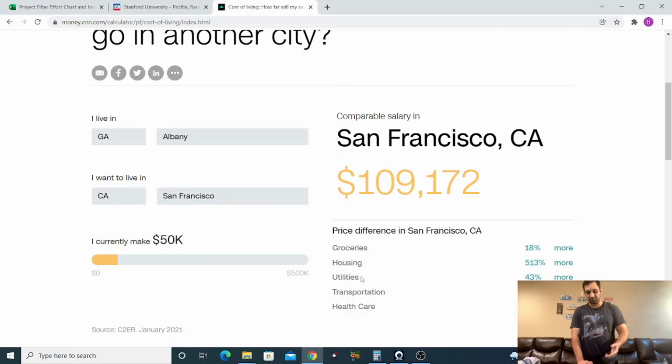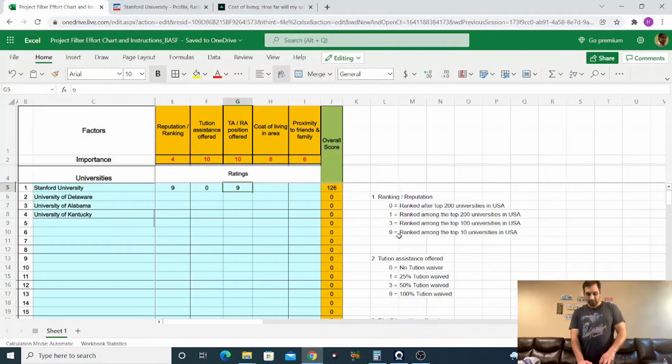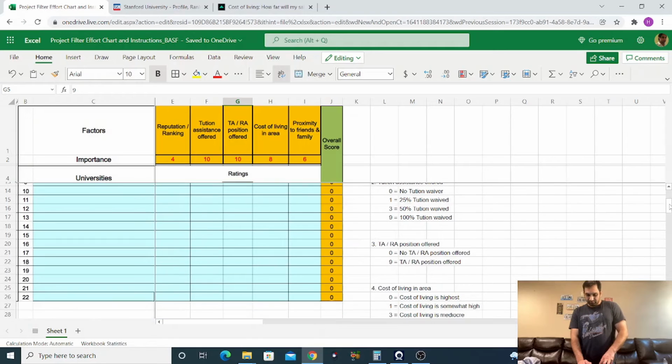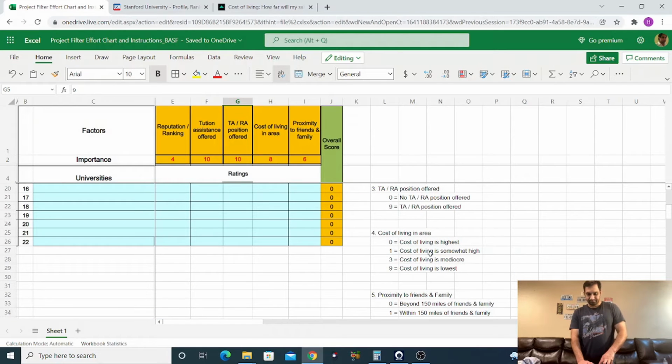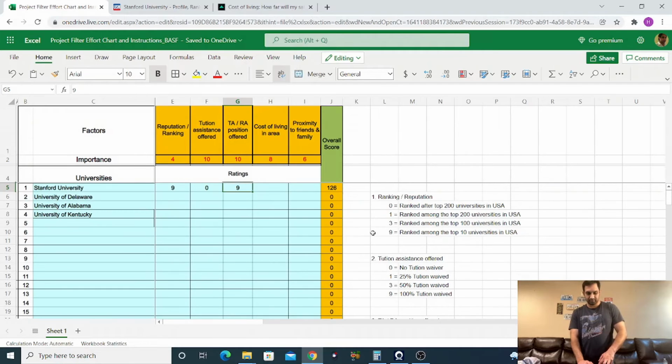So utilities are your electricity, water, gas, etc. Transportation, healthcare, so everything is more expensive in San Francisco, California, and it's one of the most expensive areas in the US. So from a cost of living perspective, we're gonna rate it as very high. So we would fall under 0 here. Cost of living is the highest.